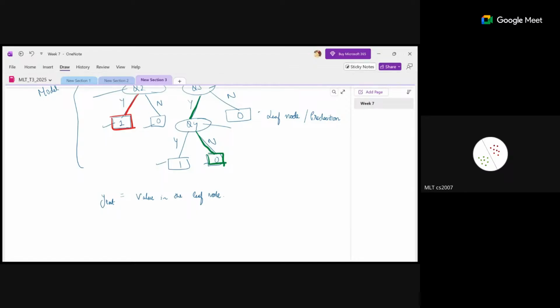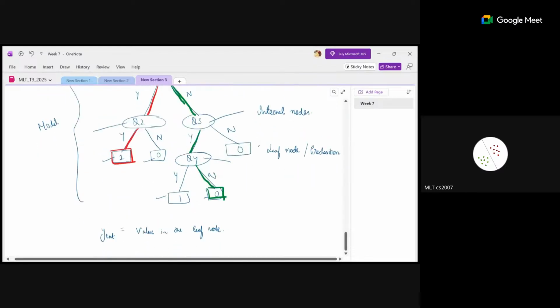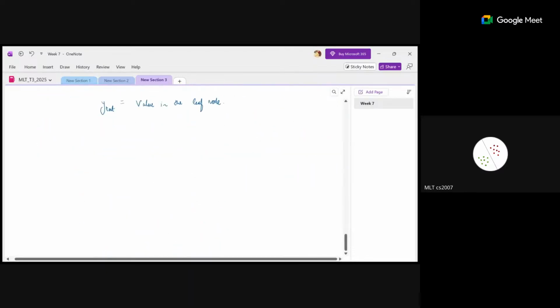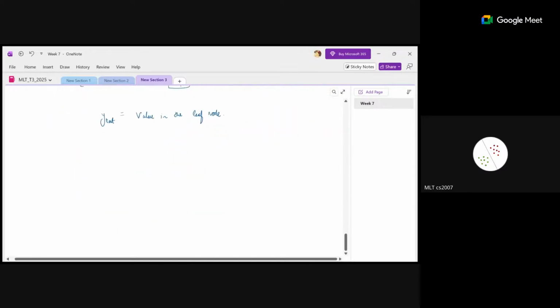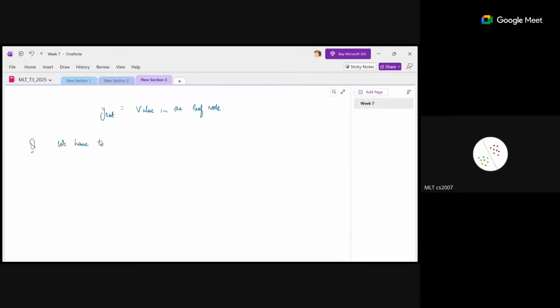But the thing is, we made this decision tree, but what are the processes involved in coming up with it? The very first thing is that we have to ask a question.